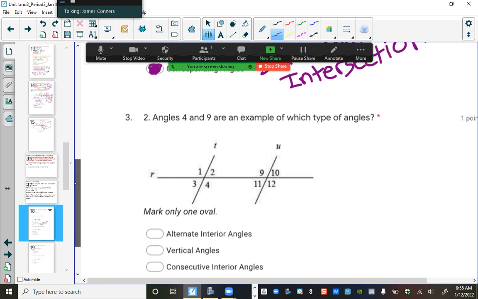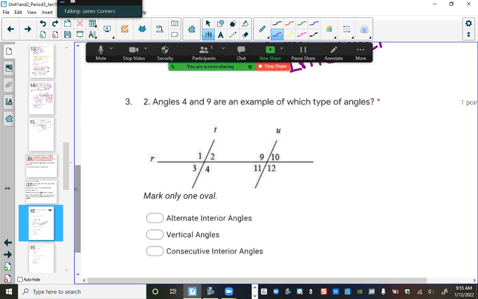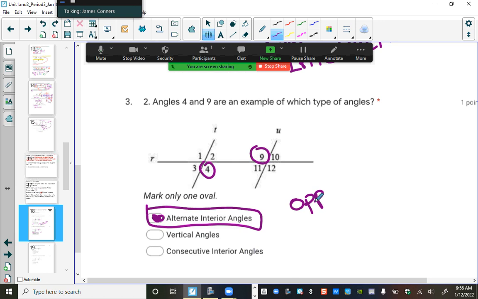Okay. And for number 2, there's 4, there's 9. What type of angles are 4 and 9? Alternate interior. They're opposite and inside. Opposite side, inside.